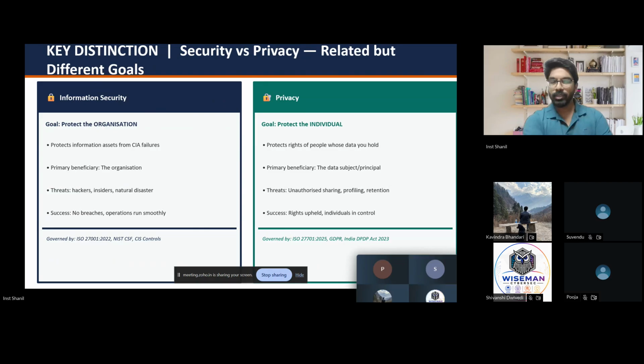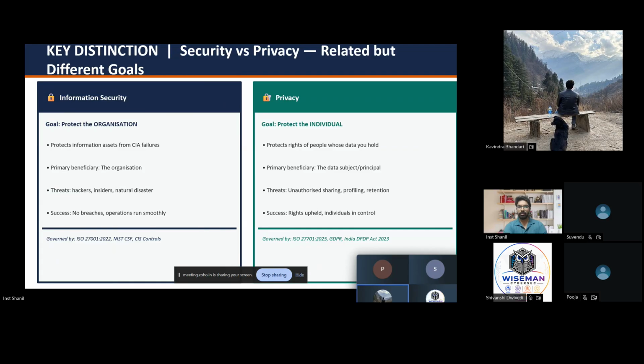I agree with your point, but lately we have seen a lot of attacks where third-party vendors have been used to breach the main company, whether big attacks by state-sponsored actors, APT groups, or small attacks. We have seen this pattern, right? I'll give you one more example, Kavindra.